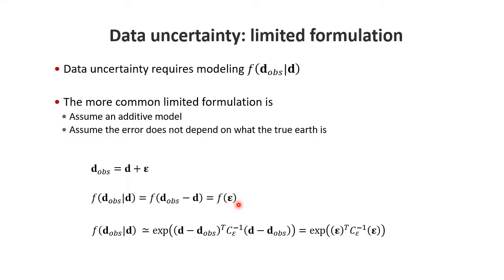What's commonly done is to assume a Gaussian distribution where we can have some covariance of the errors. For example, errors can be correlated, or if the error is not correlated, then we make this a diagonal matrix. That will be the most common idea that's being used. But do note that this common idea is essentially a limited formulation of a much broader idea of how we can represent data uncertainty.